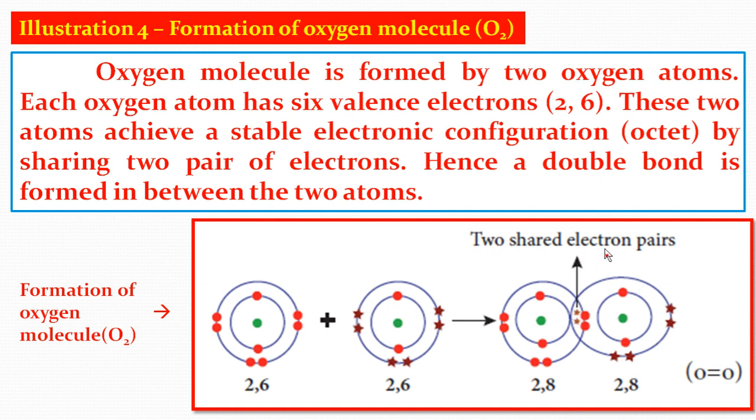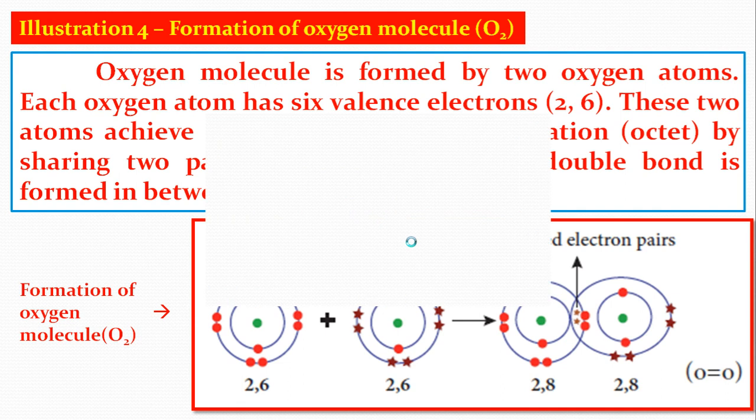Here 2 shared pairs of electrons means there are 2 covalent bonds formed between the oxygen atoms. So the oxygen molecule is formed by 2 oxygen atoms. Each oxygen atom has 6 valence electrons. These 2 atoms achieve the stable octet configuration by sharing 2 pairs of electrons. So a double bond is formed between the oxygen atoms, that is O2.